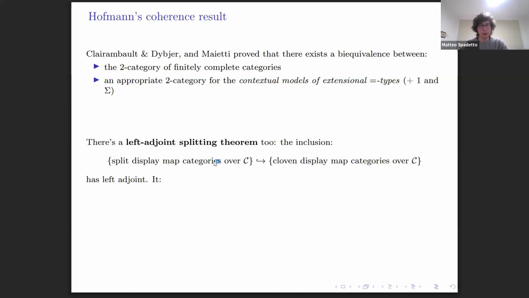I also want to mention that this inclusion, when in the codomain you restrict to cloven display map categories, also has a left adjoint splitting.